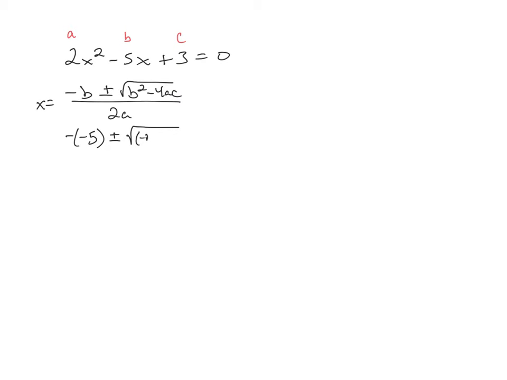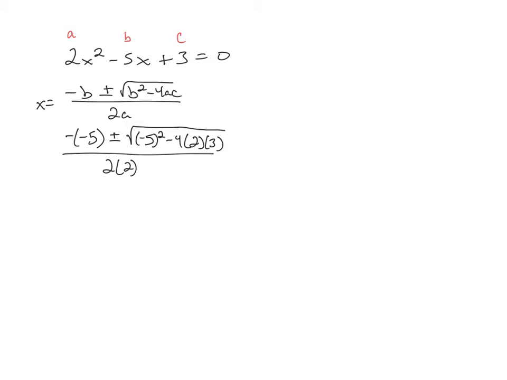So b squared, -5 squared, minus 4, a is 2, c is 3. All over 2, and the a is 2.